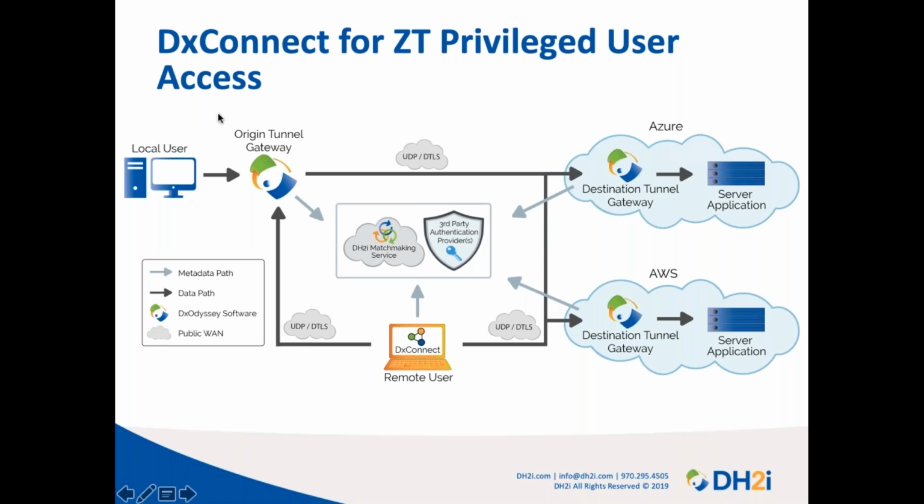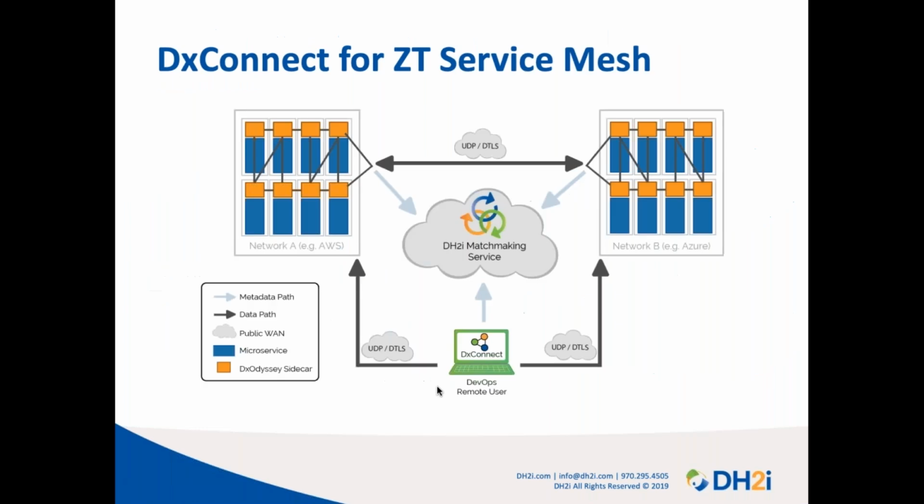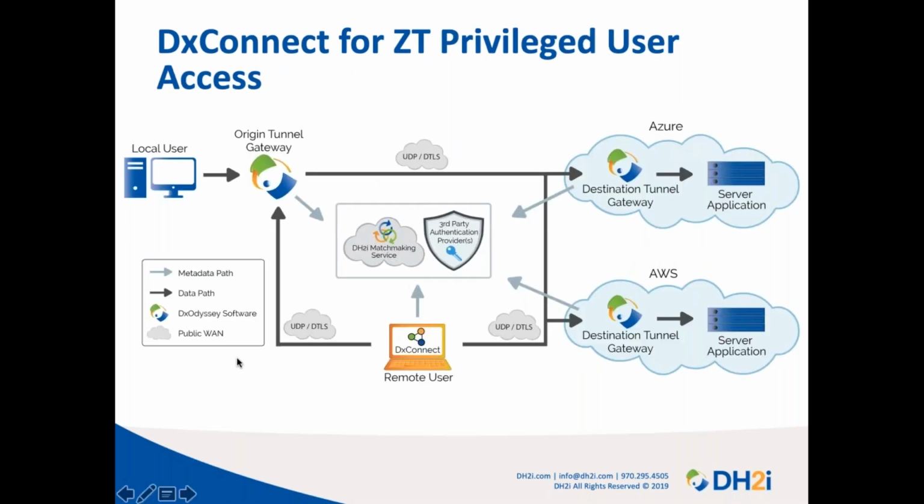It just connects locally, and the tunnel forwards that on to the destination. Then for the remote user, wherever they happen to be, all they need to do is install DxConnect on their remote machine, and they can access those tunnels as well based on the configuration that the gateway administrator has put in place.